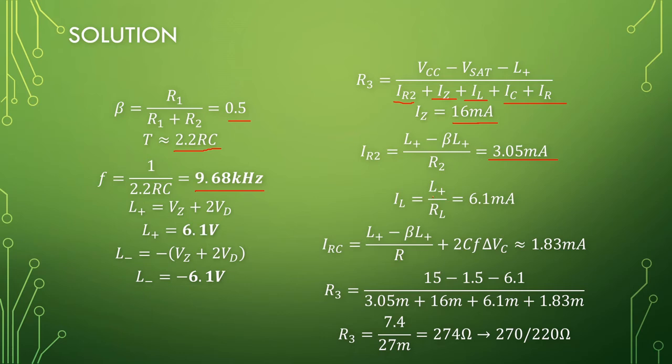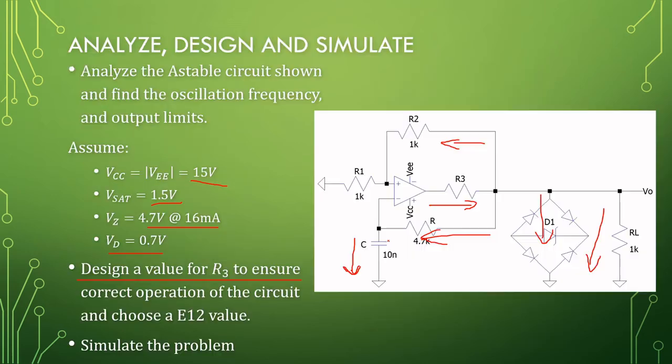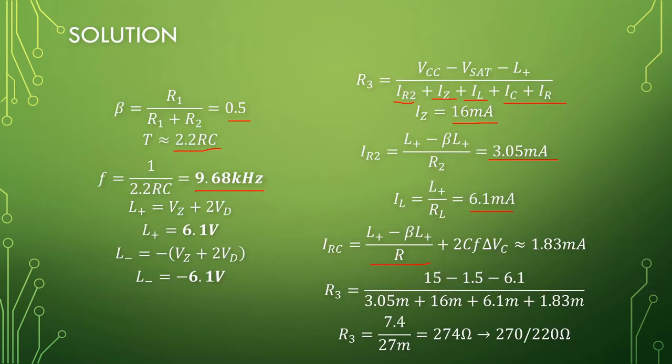The load is the limit divided by the load, which requires 6.1 milliamps. Then our capacitor and resistor. For the steady state, our resistor will want the limit minus the trigger voltage. Okay, limit minus trigger voltage.